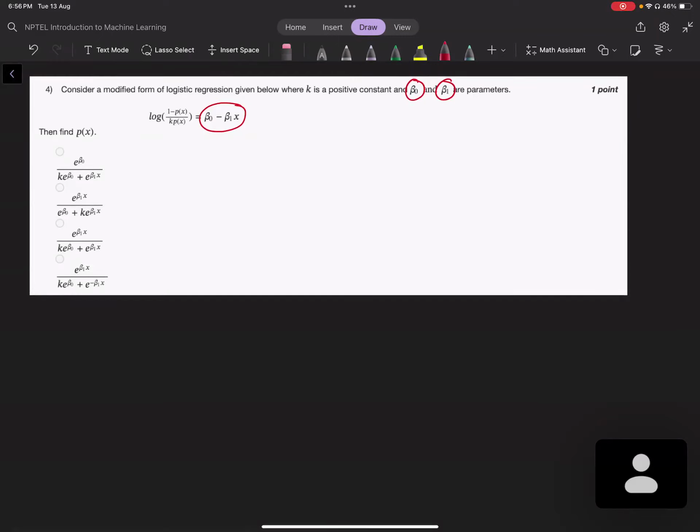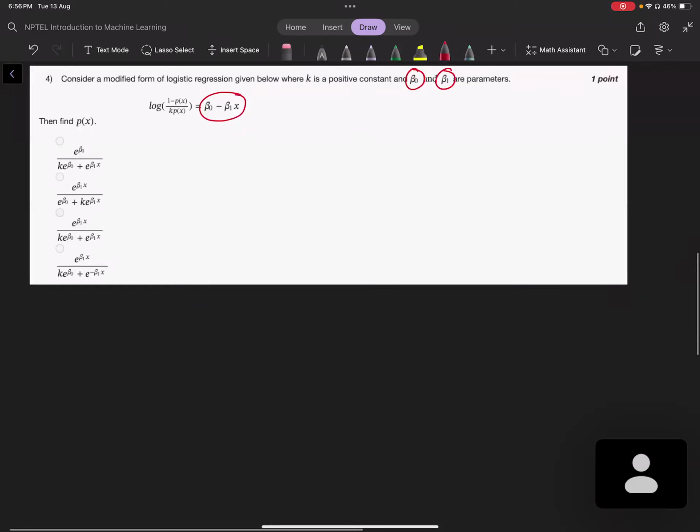Okay. So first we'll start by expanding this equation. So this is log of (1 minus p of x) by k p of x equals beta 0 minus beta 1 x. What you do is put e to the power on both sides.